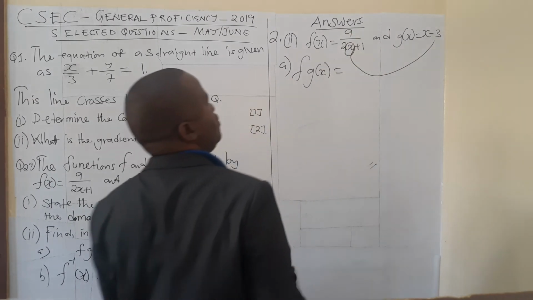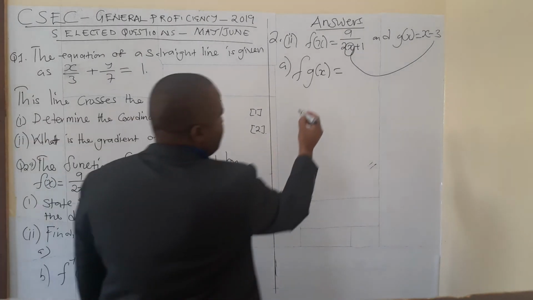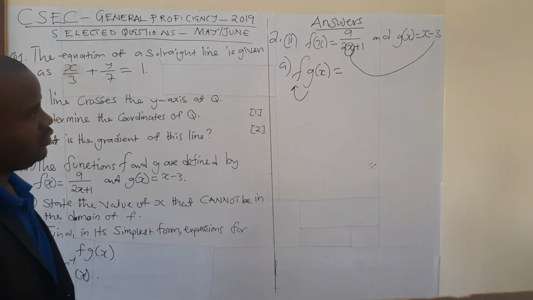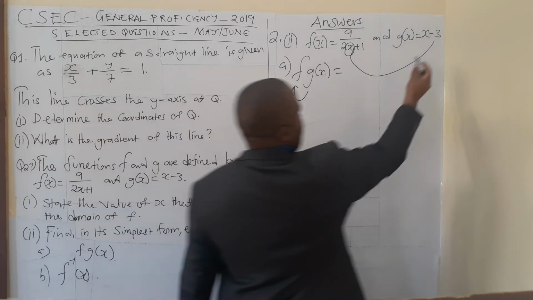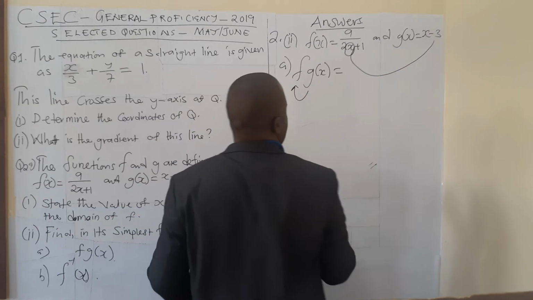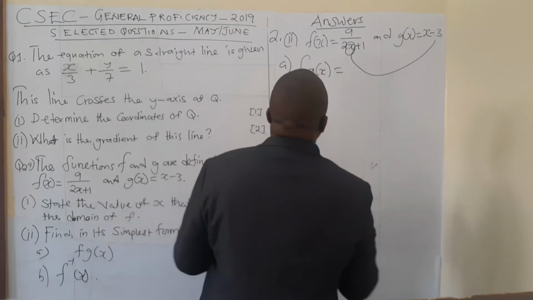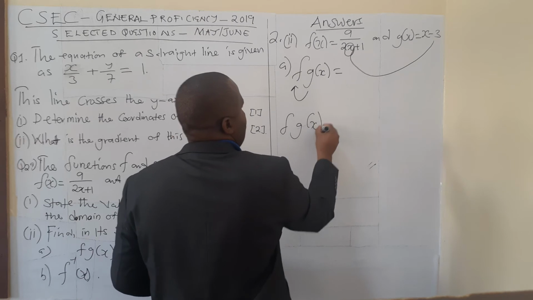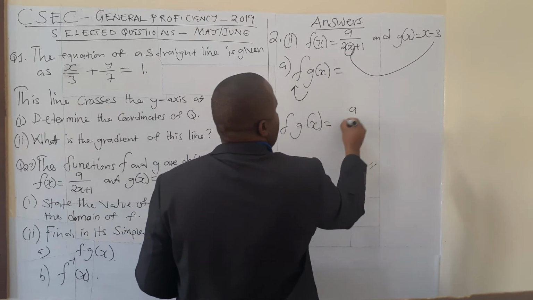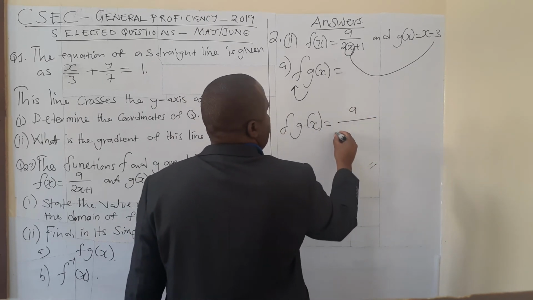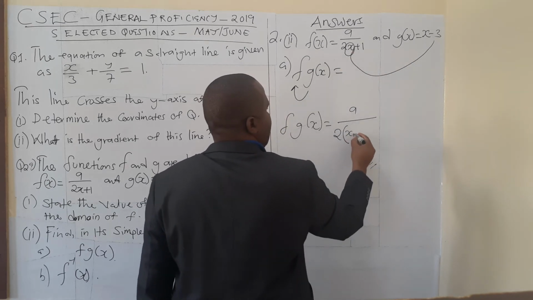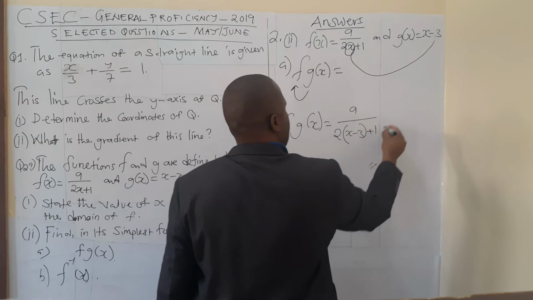Take note, because it is g that is going into f. So f g of x is equal to 9 divided by 2 open bracket, where there's x, we put that, so x minus 3, plus 1.